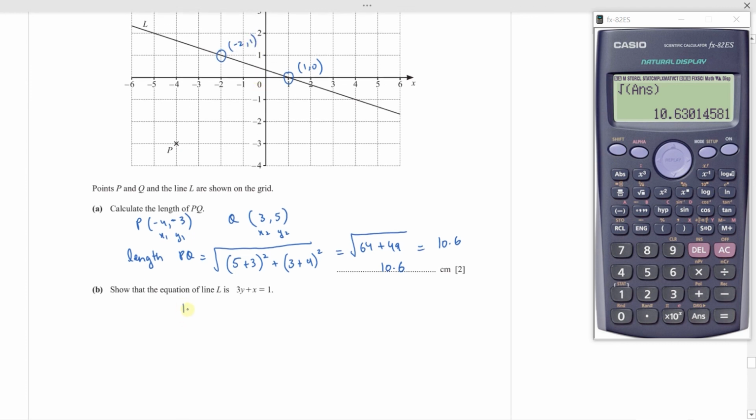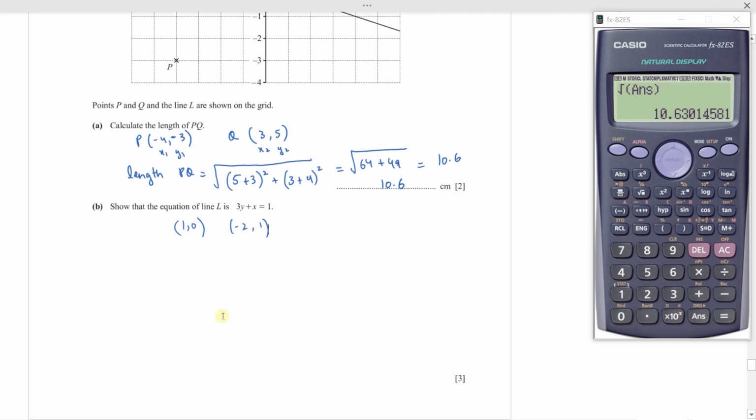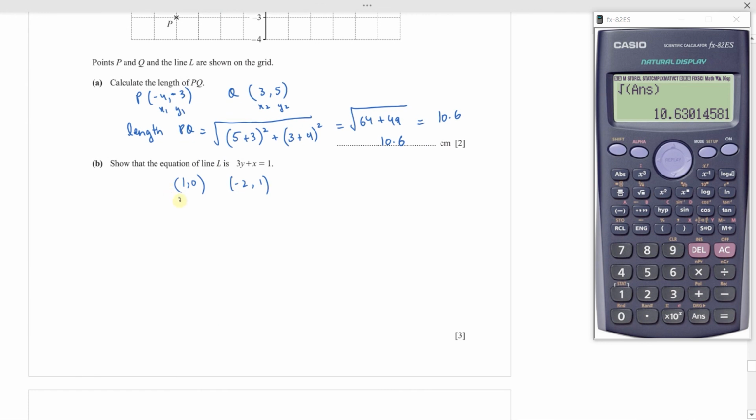So now I have 2 points, 1, 0, and minus 2, 1. I can call this x1, y1, x2, y2. So your gradient m will be y2 minus y1, which is 1 minus 0, over x2 minus x1, which is minus 2 minus 1. So your gradient will be minus 1 over 3.